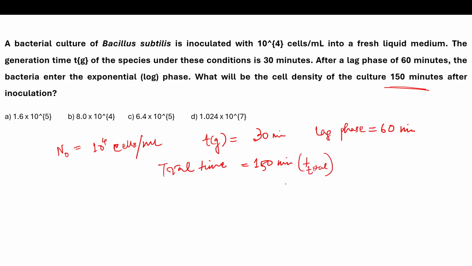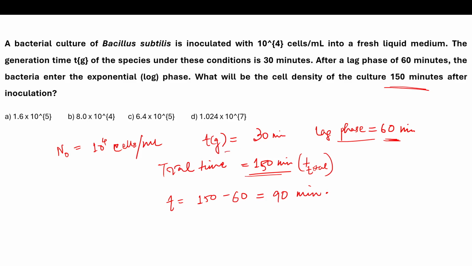If the lag phase is 60 minutes and the given time is 150 minutes, then overall when the cells actually start growing, the T will be 150 minus 60, which is 90 minutes.